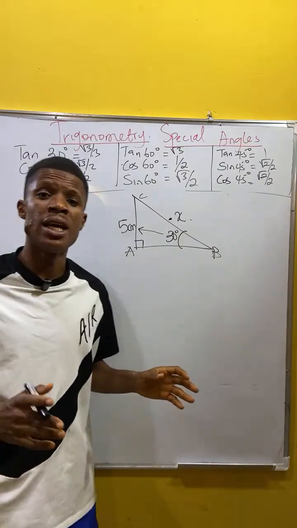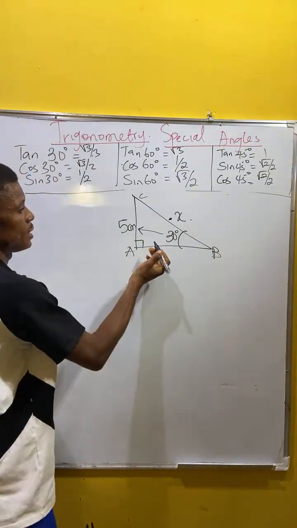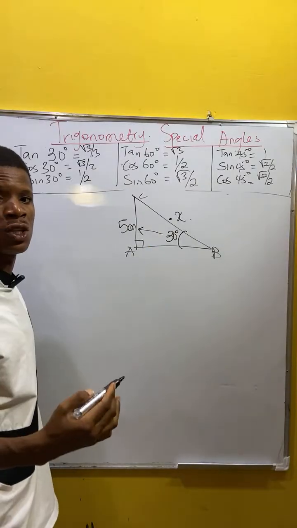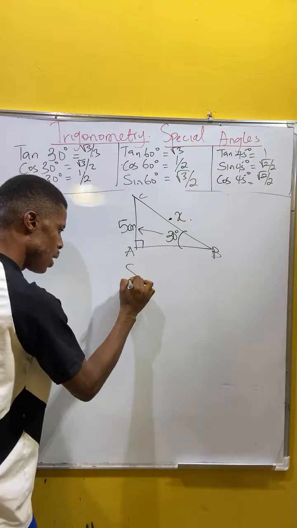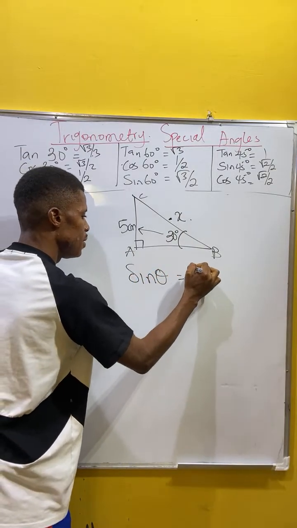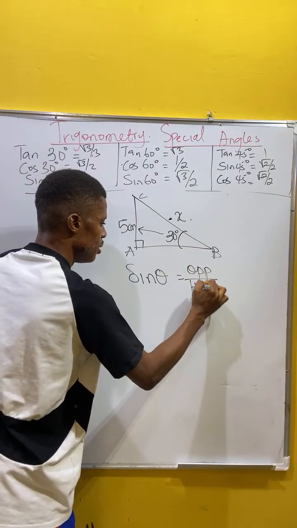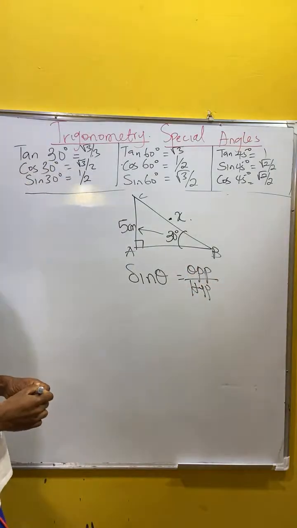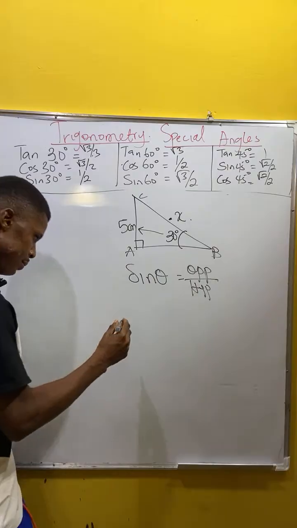All we have to do here is very, very simple. We look at the trigonometrical ratios we have. This is opposite and this is hypotenuse. So the one that solves is sine theta. We state the formula: opposite over hypotenuse. So the angle is 30 degrees.